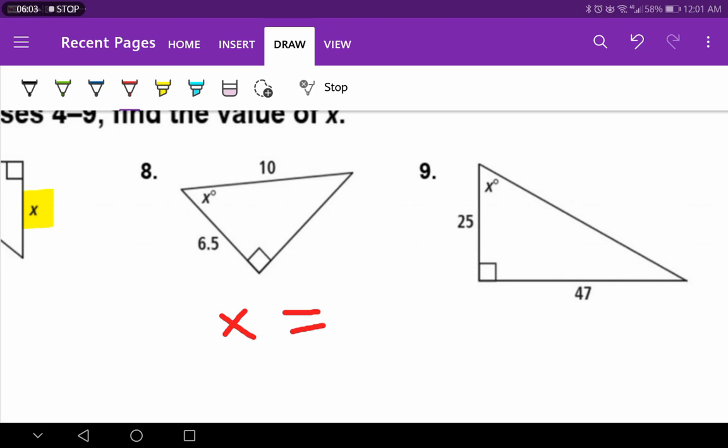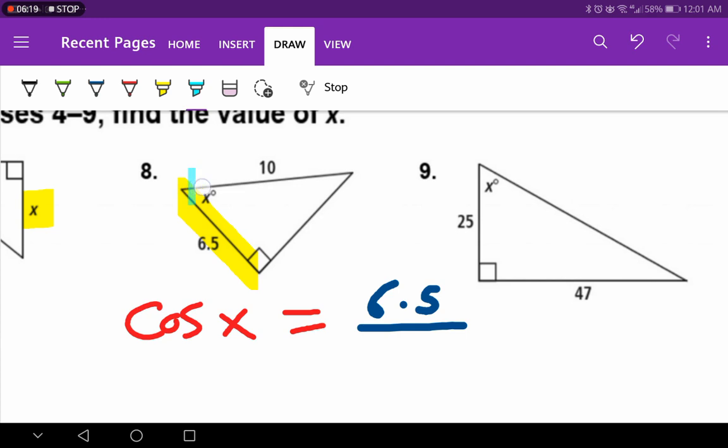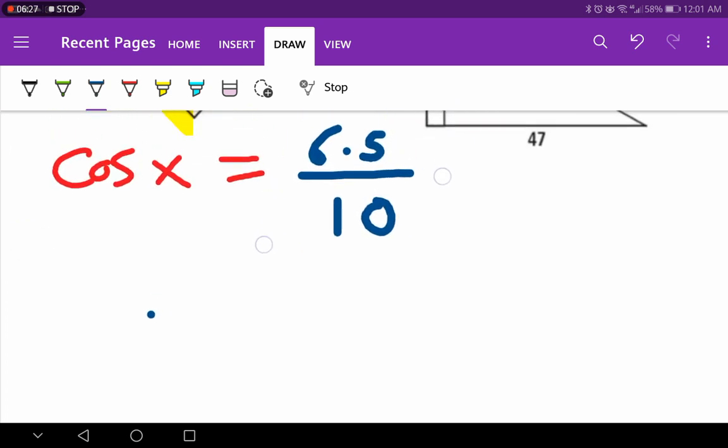So I call the cosine x, and it is equal to the adjacent of x, which is 6.5, over the hypotenuse, which is 10. So it is working with the cosine. Now this is the first step. Is it clear?